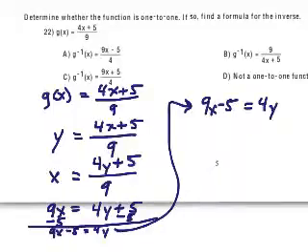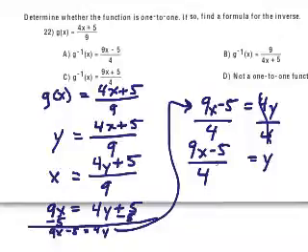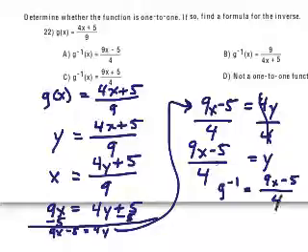But we want to get y alone, so we'll divide by 4. Then we have y equals 9x minus 5 divided by 4. These 4's cancel out. And that becomes our g inverse. g inverse equals what y equals, which is 9x minus 5 divided by 4.